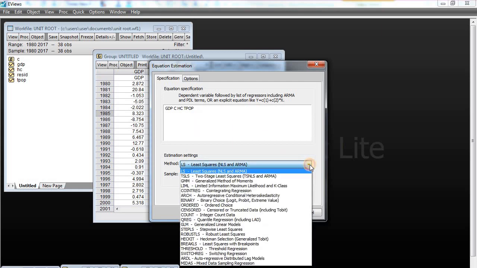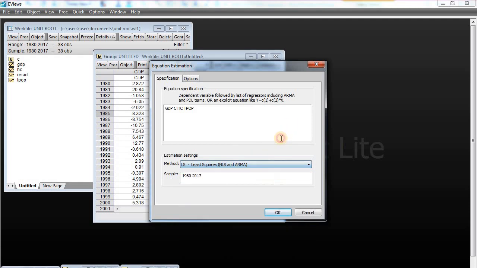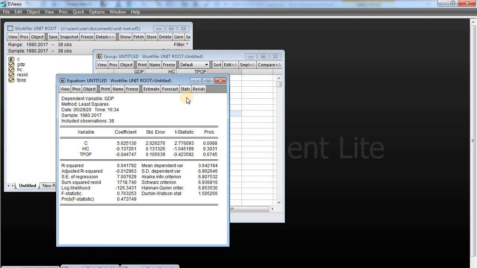And here we just select OLS, least squares estimate. Selected here. From 1980 to 2017 are the variables. Go ahead and click OK.